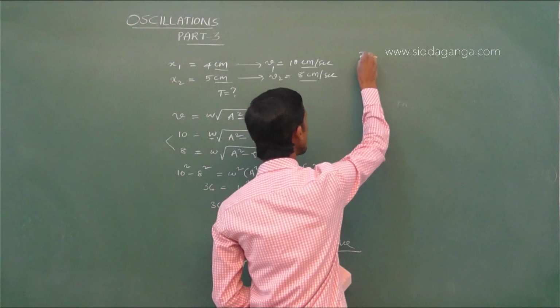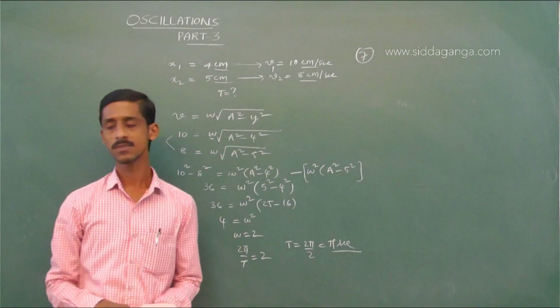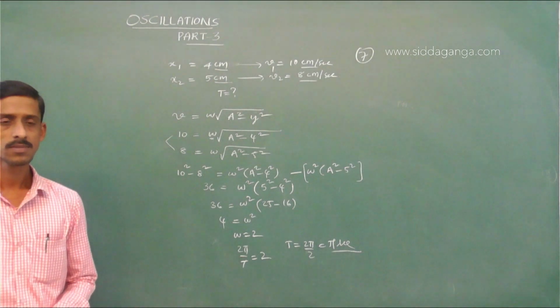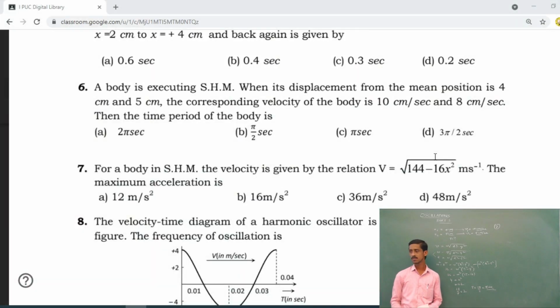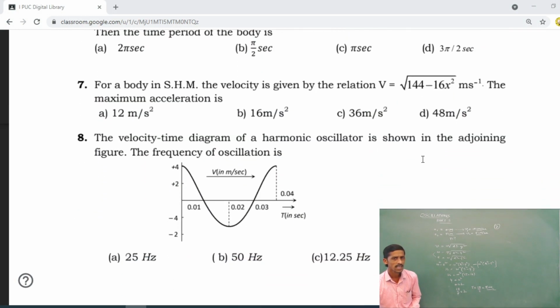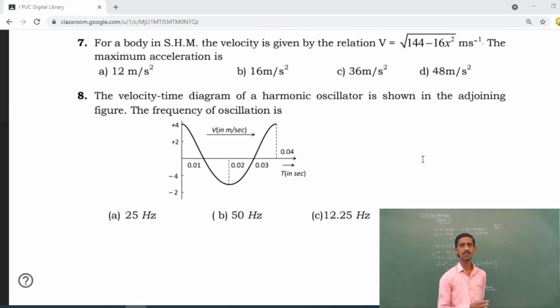Next, question number 7. For a body in SHM, the velocity is given by the relation V is equal to square root of 144 minus 16 x square meter per second.